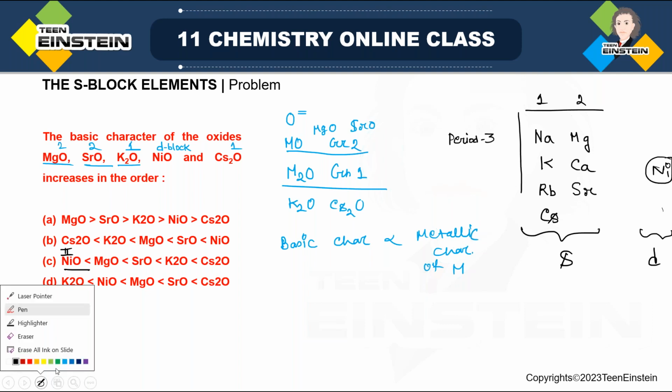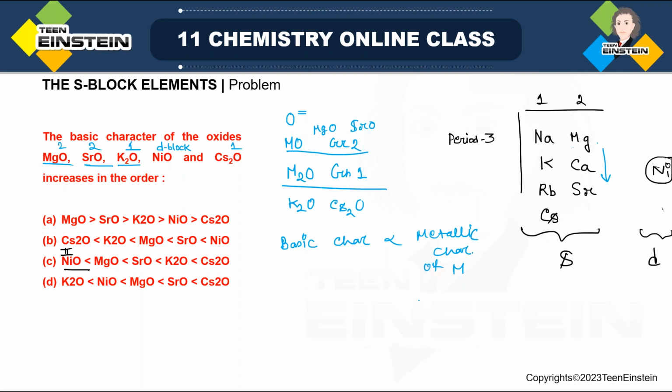If you look at S block only, forget about nickel. We do not have sodium. Magnesium is here, but compared to magnesium, we know when we move down the group the electropositive, that is metallic character, is high.